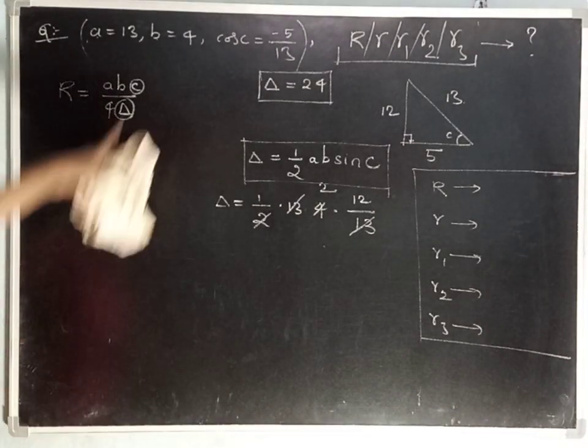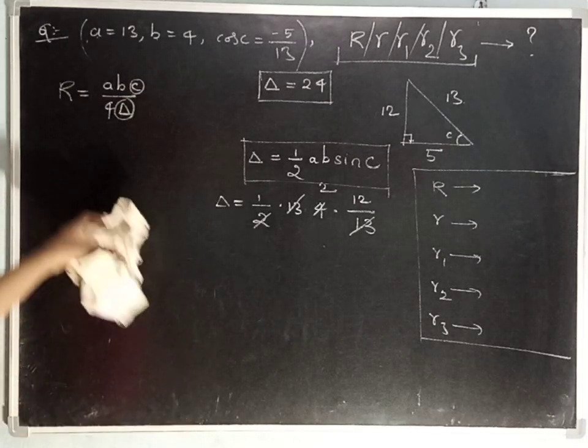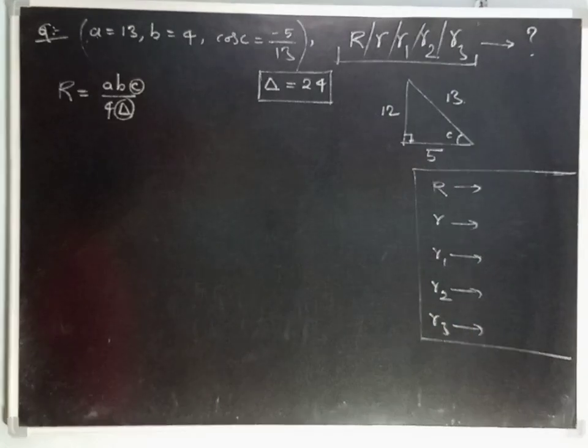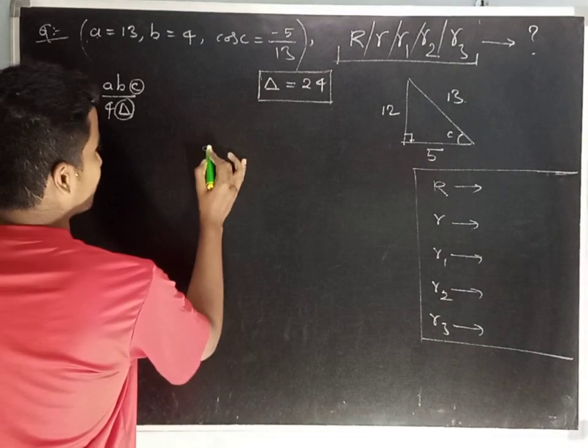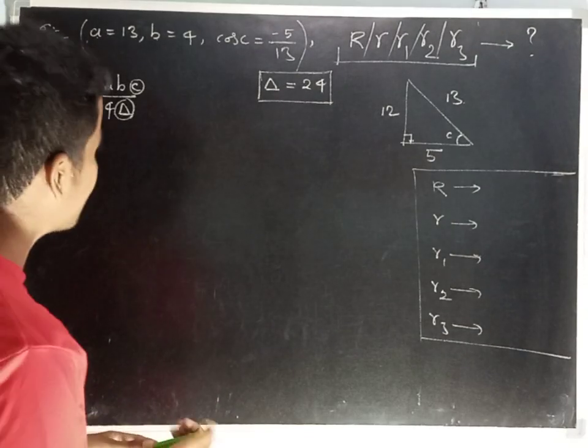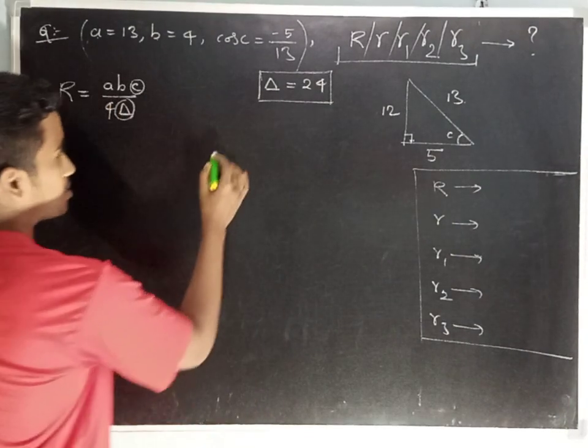Similarly, we need to find C. For finding C, instead of using the sine rule, it's better to use the cosine rule.